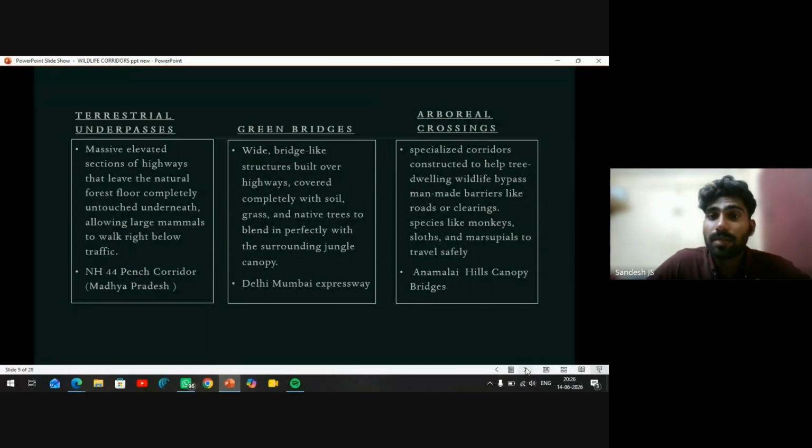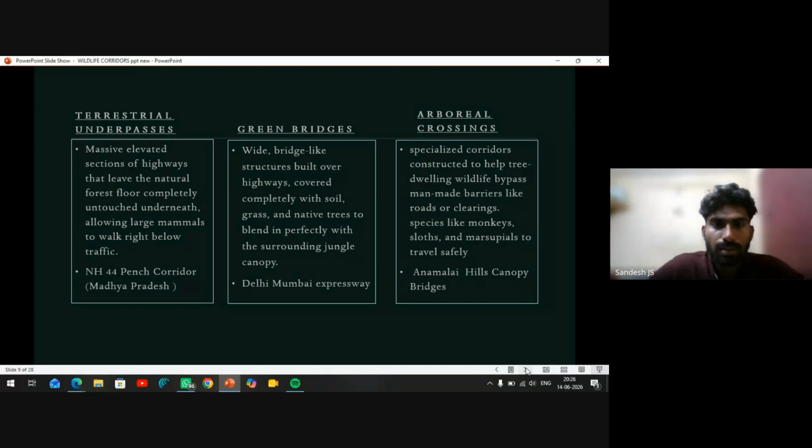And coming to the green bridges, which are overpasses. Underpasses form naturally, so we don't need to do anything, just mimic the natural environment by growing trees and other things. Green bridges are wide bridge-like structures built over highways, covered with soil, grass, and native trees, blending perfectly with the jungle canopy.